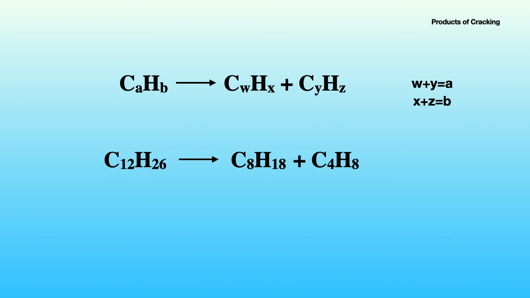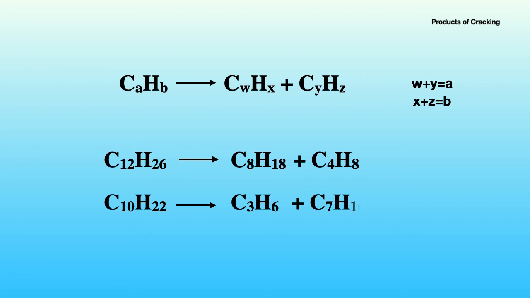Okay, just another one. We'll start with decane this time. And let's suppose when decane cracks, we get propene. There it is, propene there, C3H6. Now we started with 10 carbons. So far we've only used 3. So the other product must contain 7 carbons.